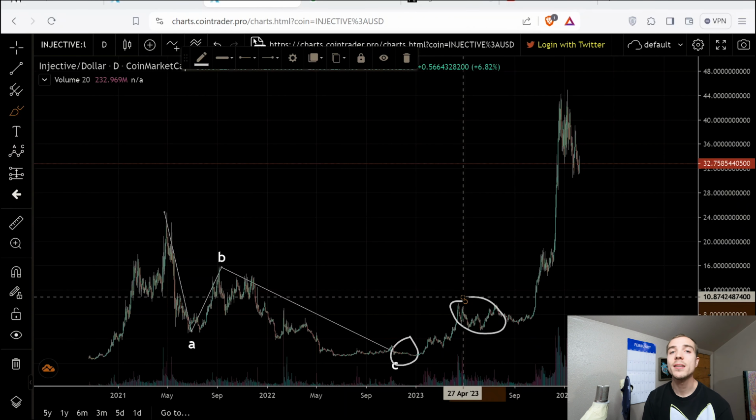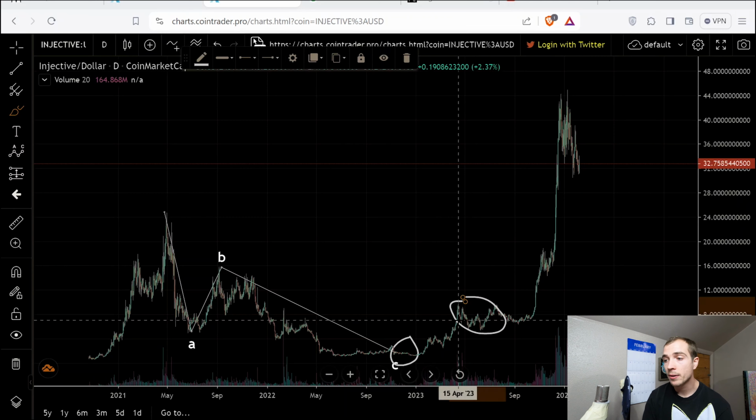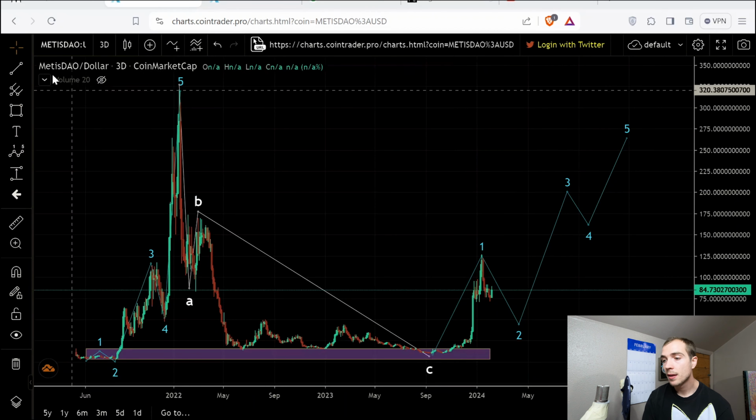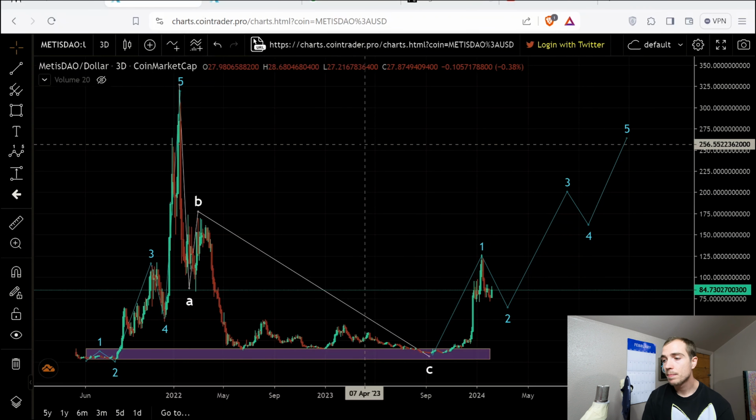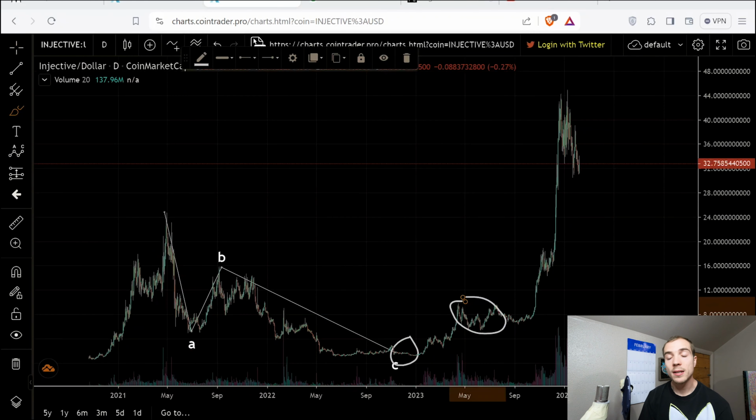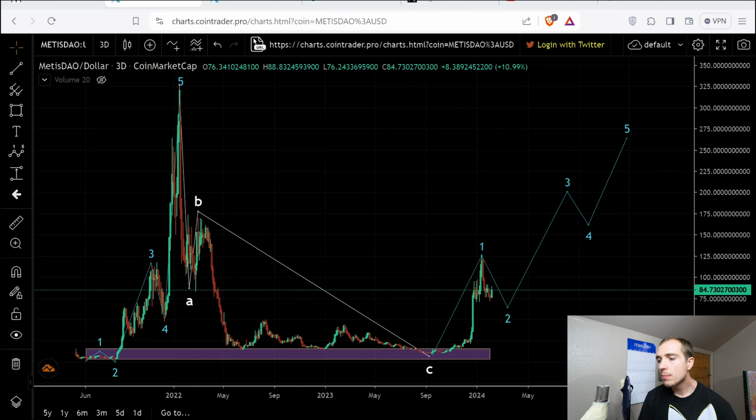How many coins do you know that look just like this right now? Midas is one of them. This is the disbelief phase here. And then, of course, Injective shot way up above its all-time high and started going into that price discovery that I mentioned earlier. So with MeidasDAO, I think the same thing is going to happen.